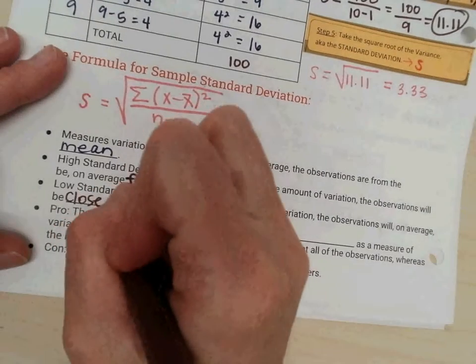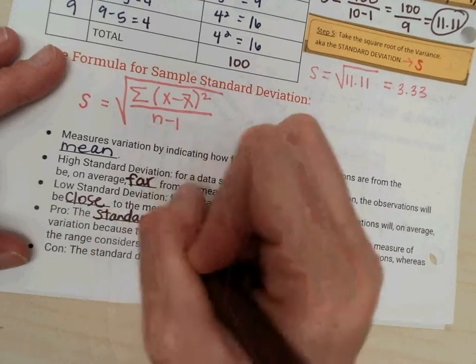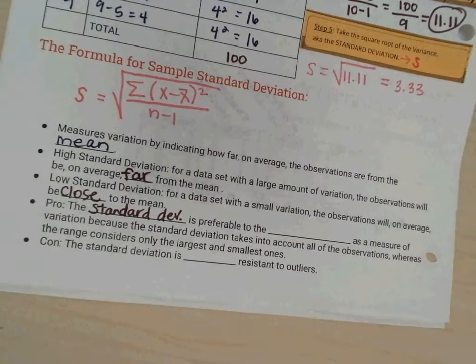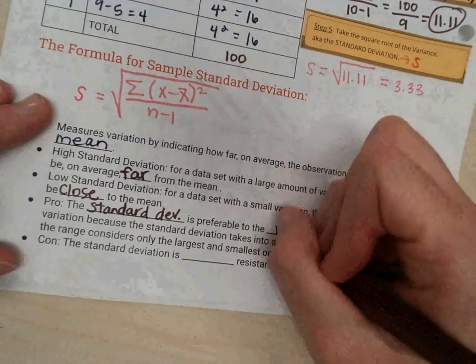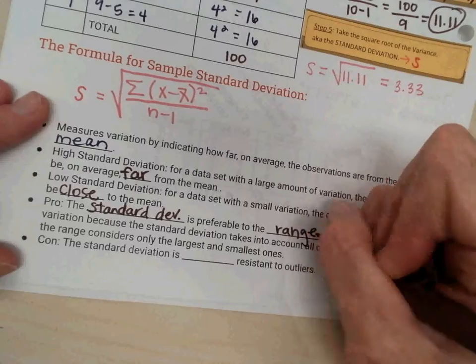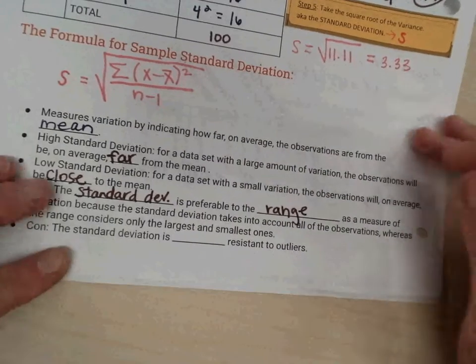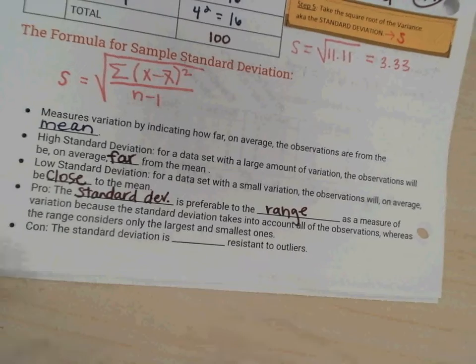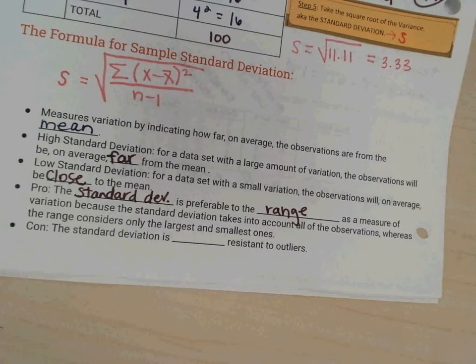The pro for the standard deviation is preferable to the range as a measure of variation because the standard deviation takes into account all of the observations, whereas the range considers only the largest and smallest.